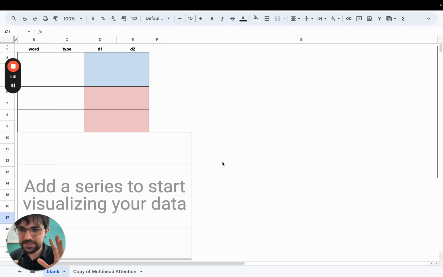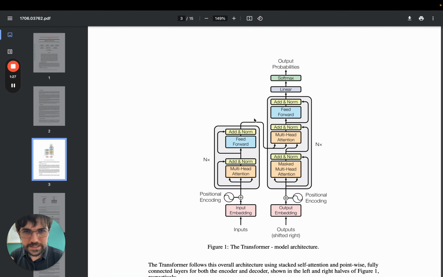For this, first I want to illustrate an example of translation. In my case, we will be doing what we call cross attention, which is this part here, in which we assume that we have as input the original sentence, in our case a sentence in English.